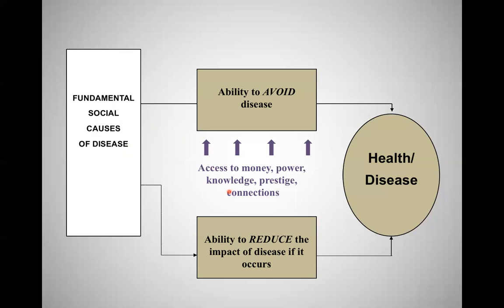Although level of education is an important component of how much knowledge we gain in life and our ability to utilize this knowledge. It's not only about education and knowledge itself, but it's also about the individual's ability to transform that knowledge into processes that protect their health as well.